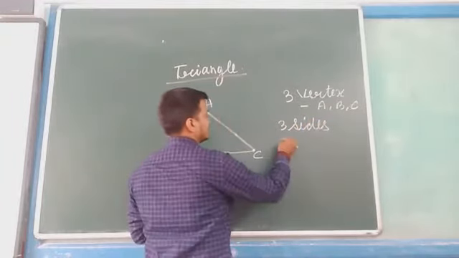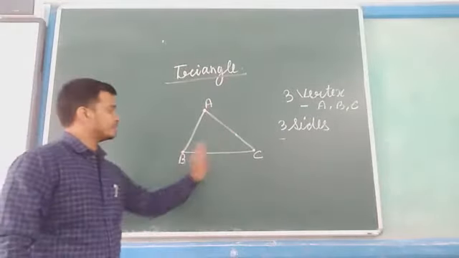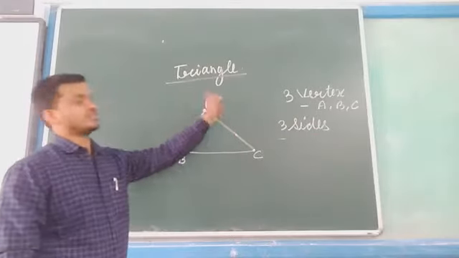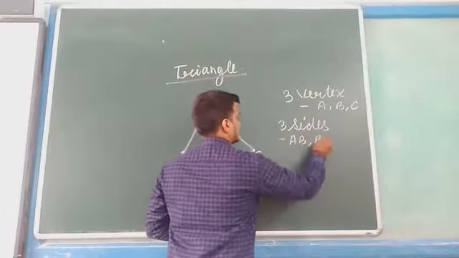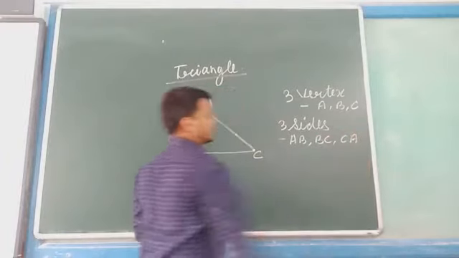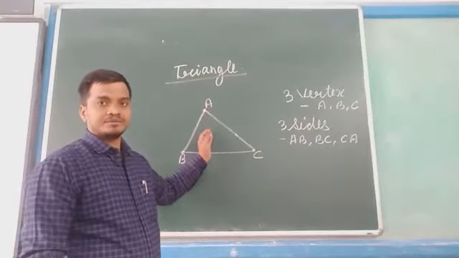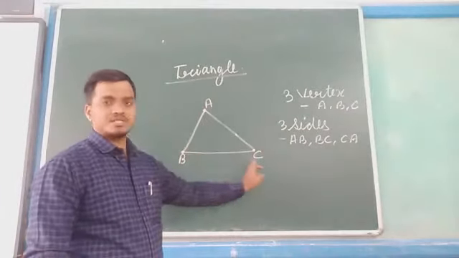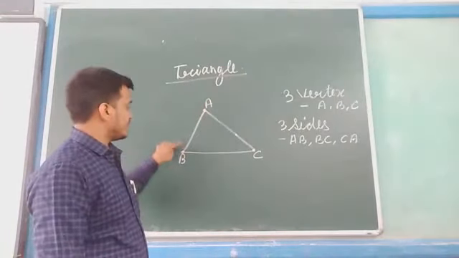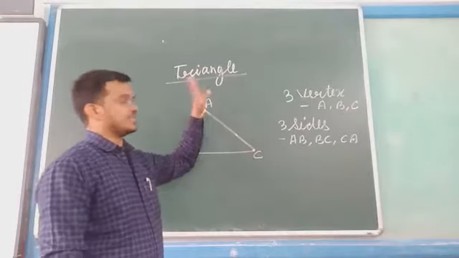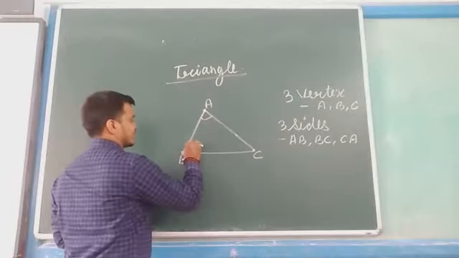Which three sides? AB, BC and CA. Three vertices A, B, C; sides AB, BC, CA.